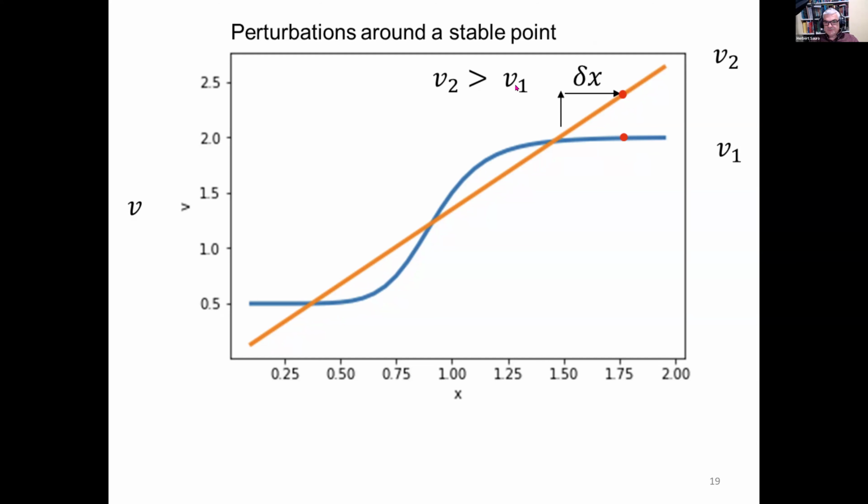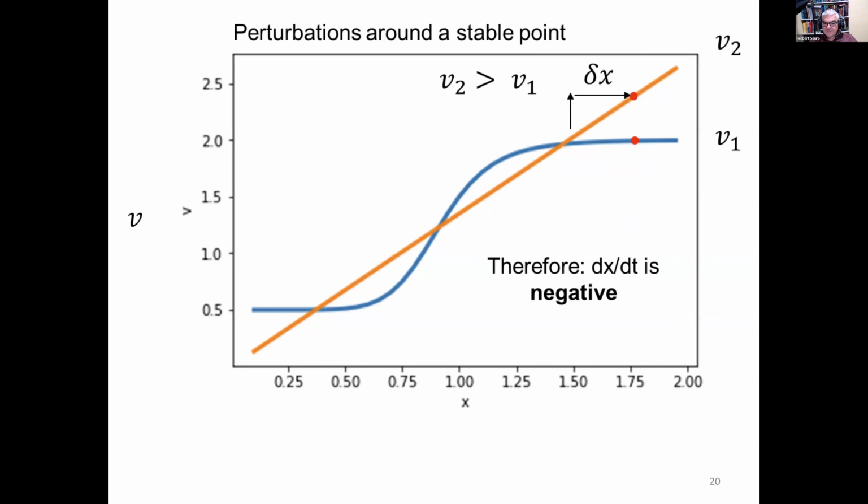If V2 is bigger than V1, that means I'll be consuming X faster than I'll be producing it. And that means, therefore, dX/dt is negative, and therefore X will start to decrease.